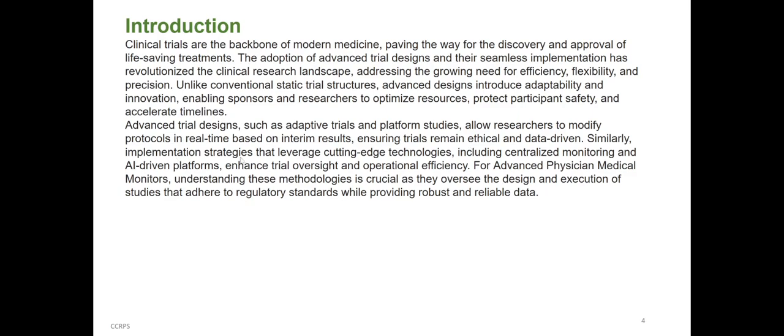Similarly, implementation strategies that leverage cutting-edge technologies, including centralized monitoring and AI, artificial intelligence-driven platforms, enhance trial oversight and operational efficiency. For advanced physician medical monitors, MMs, understanding these methodologies is crucial, as they oversee the design and execution of studies that adhere to regulatory standards while providing robust and reliable data.